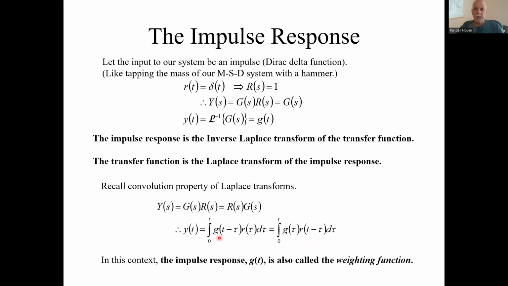And in this context, this little g, which is the inverse Laplace transform of the transfer function, is called the weighting function because it says how to weight the input in this convolution integral. So there are related things that have different names. Transfer function, the impulse response and the weighting function happen to be the same thing.